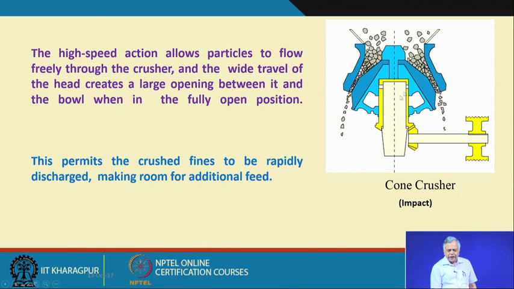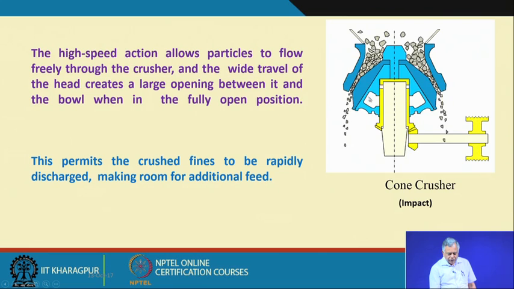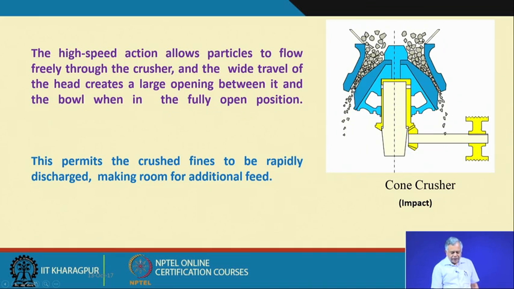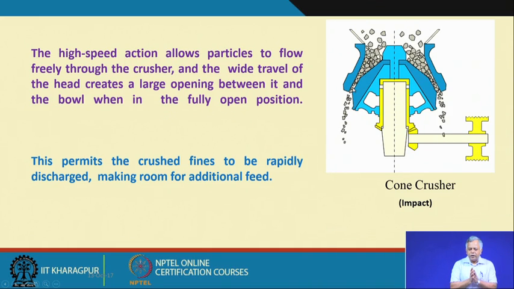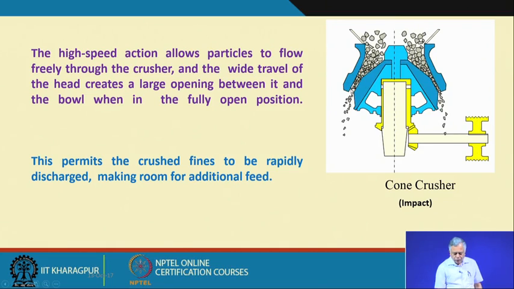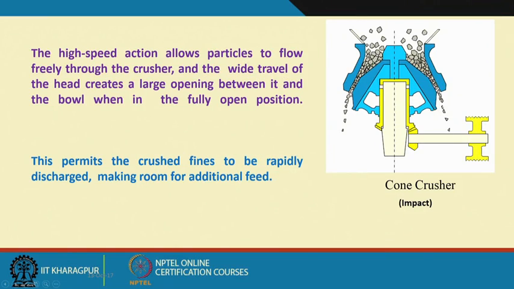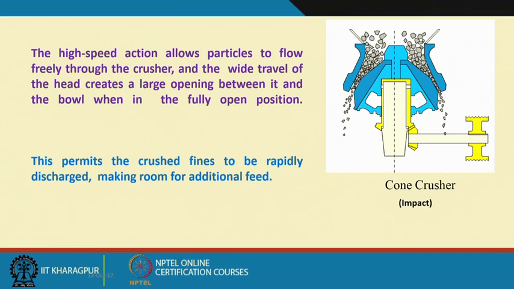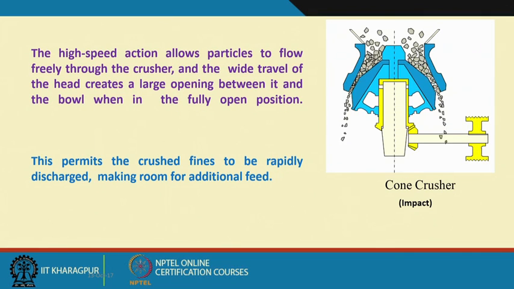That is how we can increase the capacity, because if I do not have a higher throw, the fine material may help in agglomerating the relatively coarser particles, and that may choke your discharge, that is the set size, the discharge end. So, it can prevent your crusher from choking.